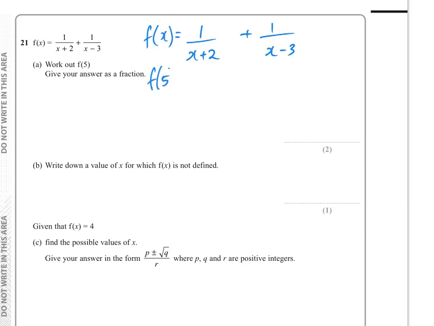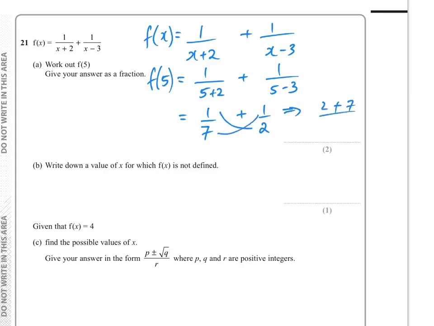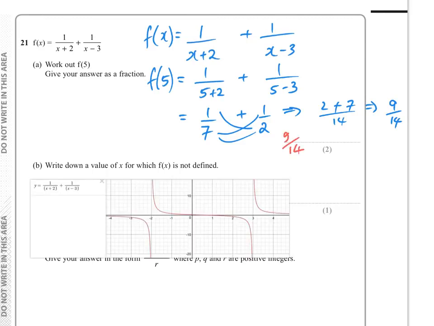So f of 5 will be 1 over 5 plus 2 plus 1 over 5 minus 3, which will give us 1/7 plus 1/2. And you could use your calculator, I guess, for this. I'm not going to. So I'll just get 2 plus 7 over 14, which would give me 9/14. Okay? So that would be my answer to the first part.